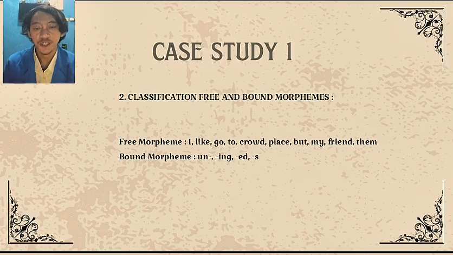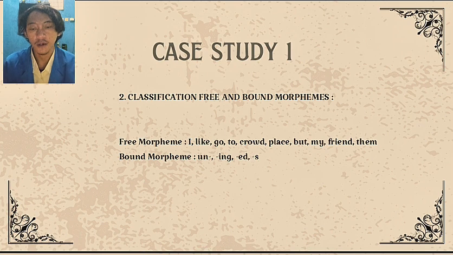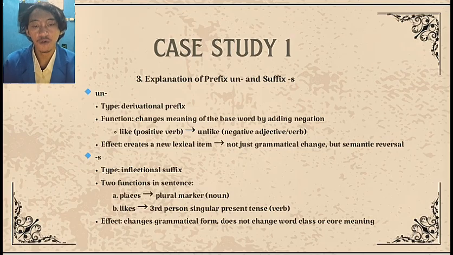The second, classification: free and bound morphemes. Free morphemes: I, like, go, to, crowd, place, but, my, friend, them. The bound morphemes: un, ing, ed, and s. The third, explanation of prefix un and suffix s. Un: the type and function.